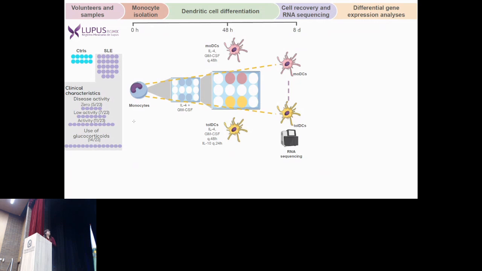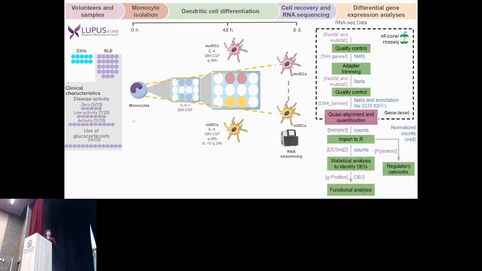On the other hand, we also stimulate cells to differentiate into tolerogenic dendritic cells that, as I told you before, have this potential to inhibit immune responses. So we stimulate these cells for 8 days, and we recover RNA from monocytes, moDCs, and tolDCs.